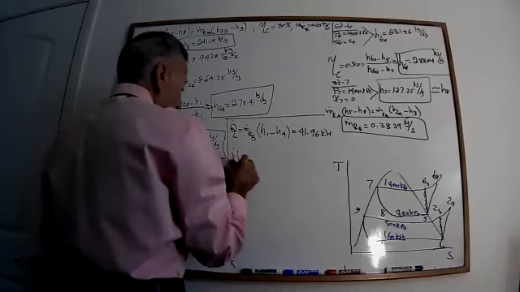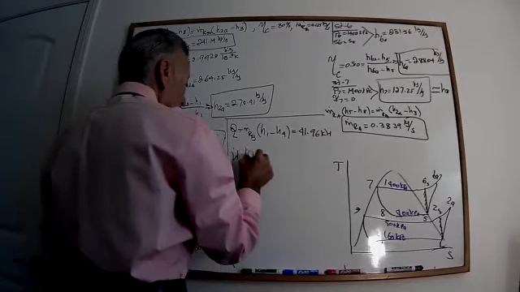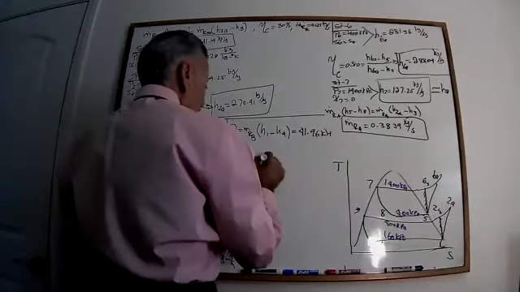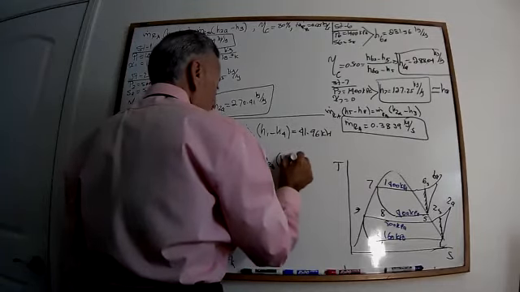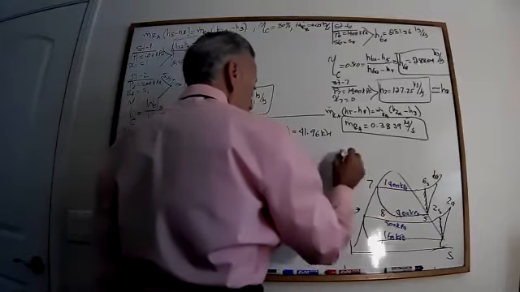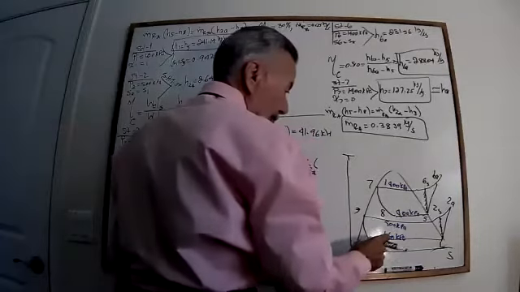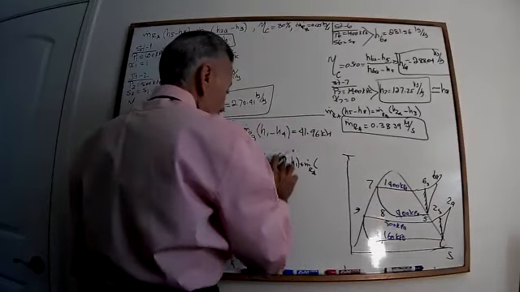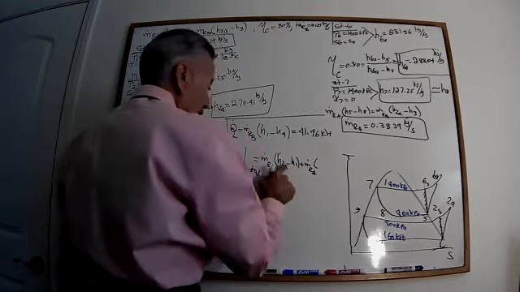Now the work in total, because I have two of them, is equal to the first one, which is mass of refrigerant B times H2 minus H1, plus mass of refrigerant A times H6A minus, oops, I forgot this, H2A minus H1.